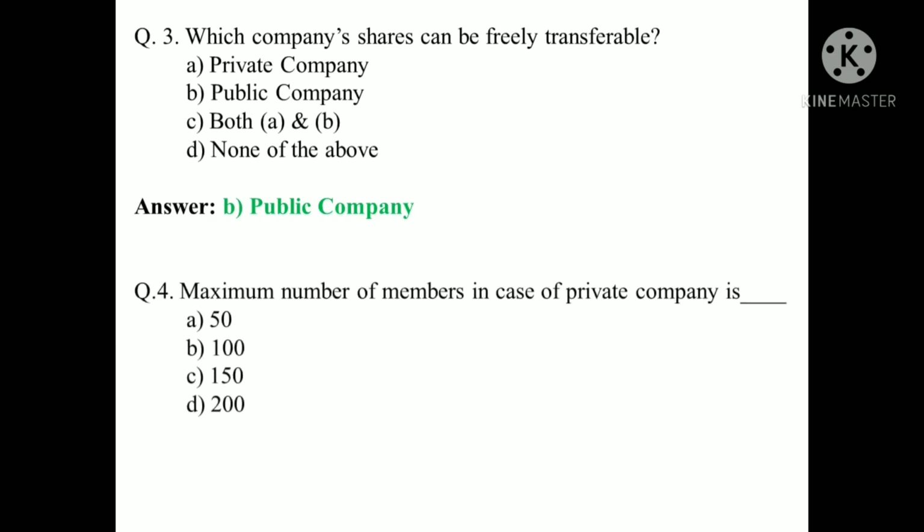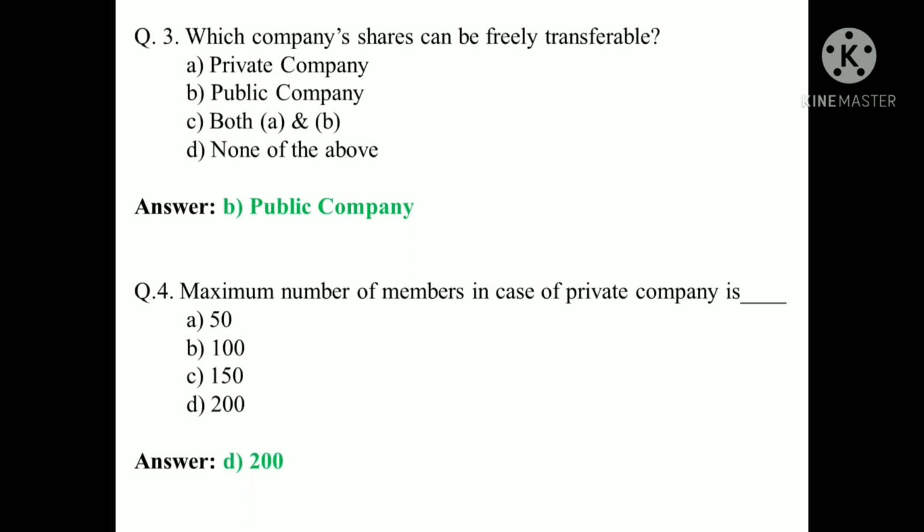Maximum number of members in case of private company is, options are 50, 100, 150 and 200. Here the correct answer is 200. In Companies Act 2013, the maximum number of members in private company is 200.